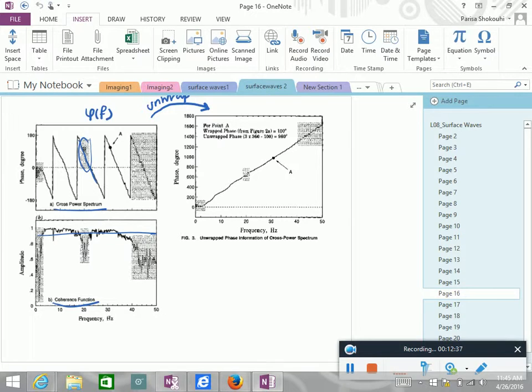Last time I showed you that you basically unwrap it. In one question, in homework number 1, I asked you to do that a long time ago. And now I ask you to look back and see that you use just a simple MATLAB command, and it unwraps the phase. What does unwrap mean?